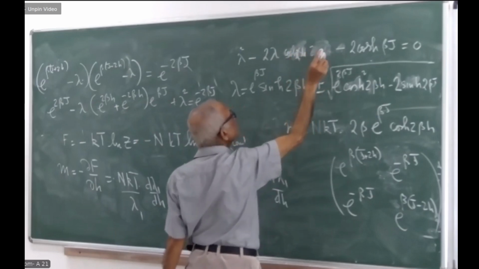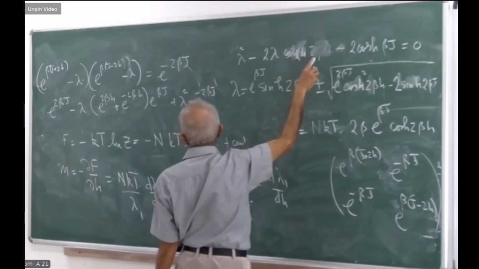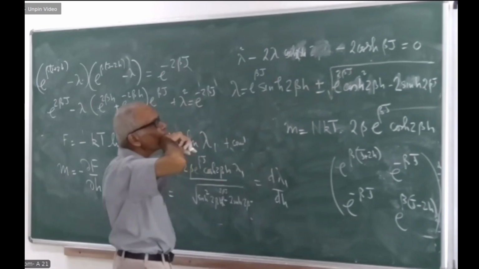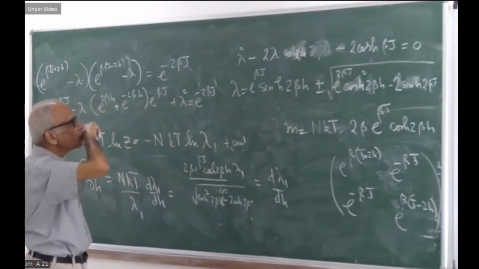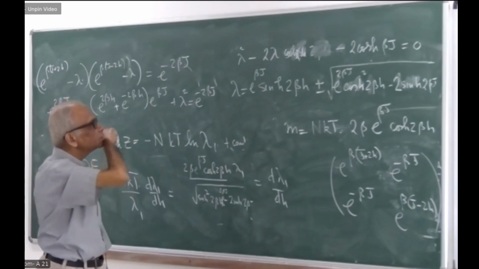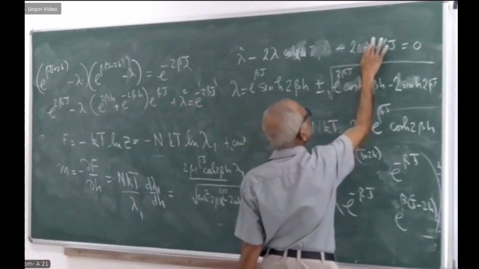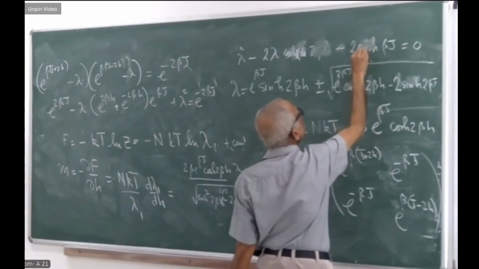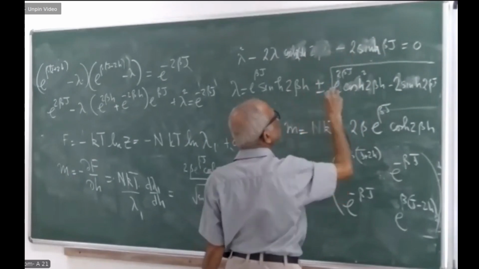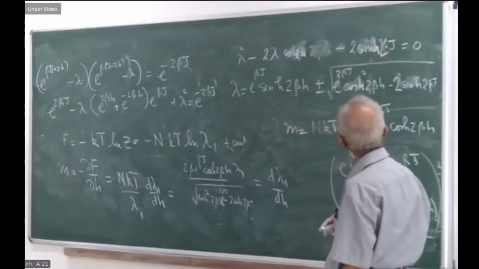Cos hyperbolic 2 beta h, and then it is minus 2 cos hyperbolic, minus sine hyperbolic 2 beta j.